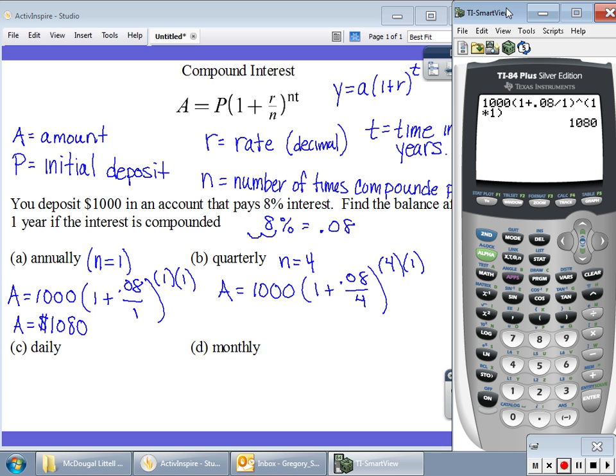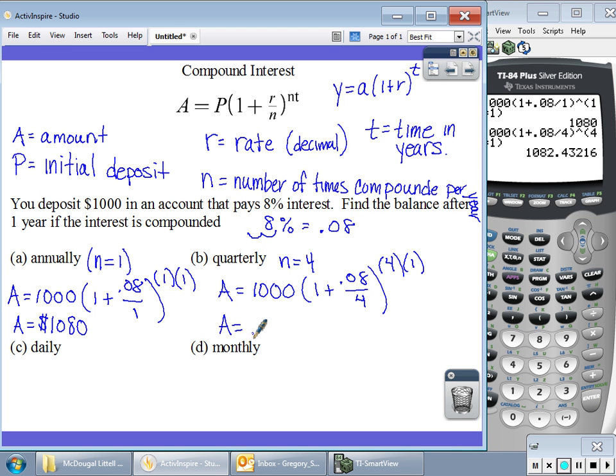So it's the same equation, but we're changing the N in the denominator to a 4, and the N in the exponent to 4 as well. In this case, the amount is $1,082.43, rounding.